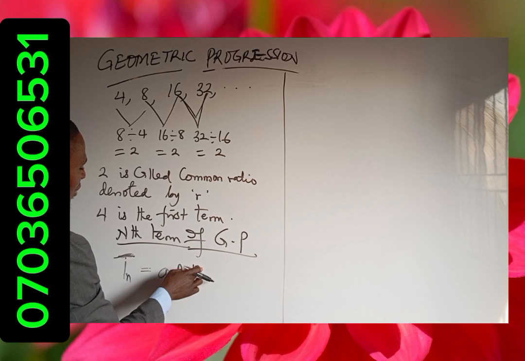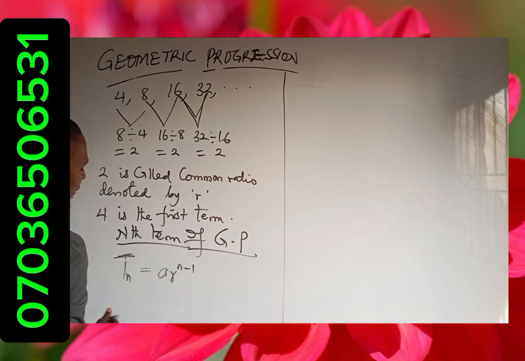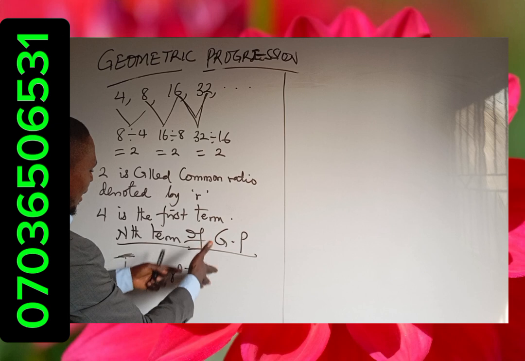Please, this n minus 1 is a power to R. It is A times R raised to power n minus 1.